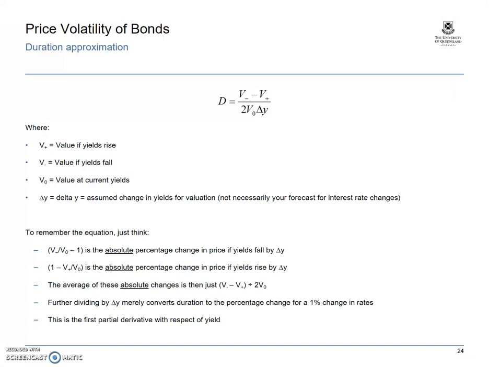If we look at V negative divided by V0 minus 1, this is the absolute percentage change in price if yields were to fall by delta Y. And similarly, 1 minus V positive divided by V0 is the absolute percentage change in price if yields were to rise by delta Y. The average of these absolute changes is then simply V negative minus V positive, all of that divided by 2 V0.